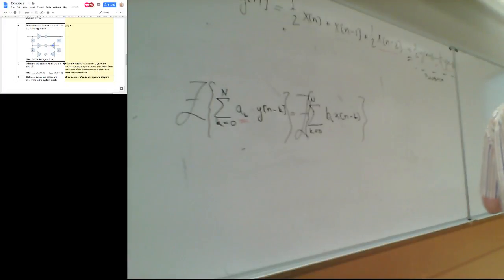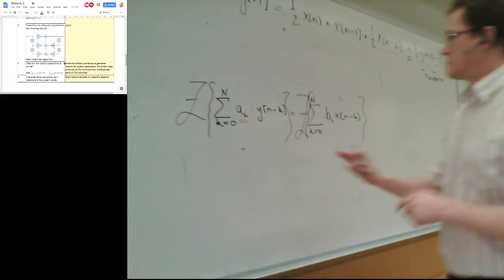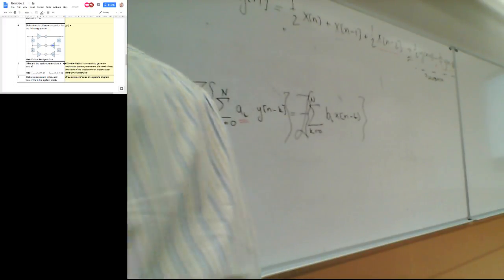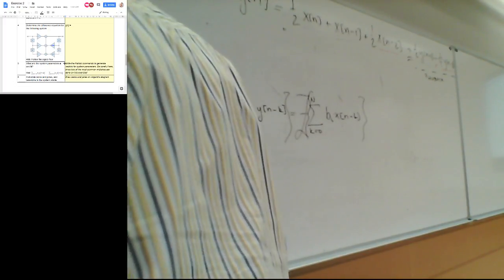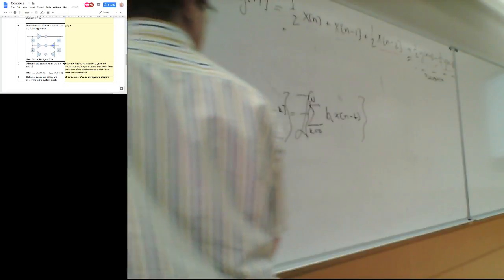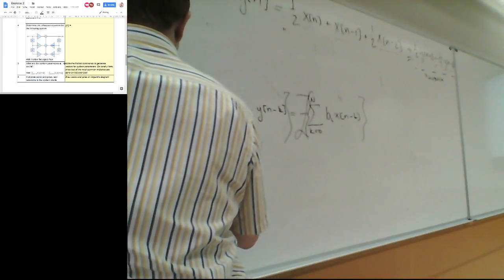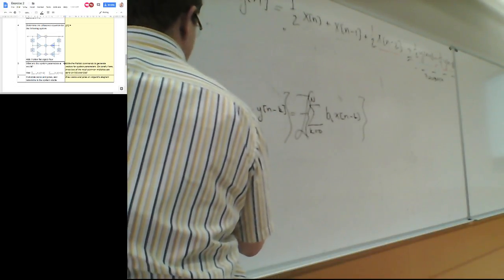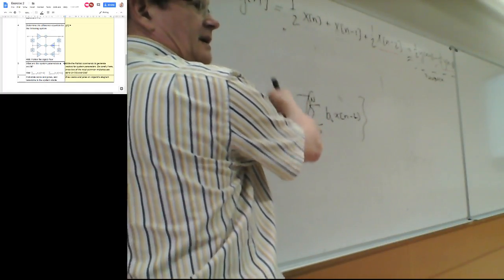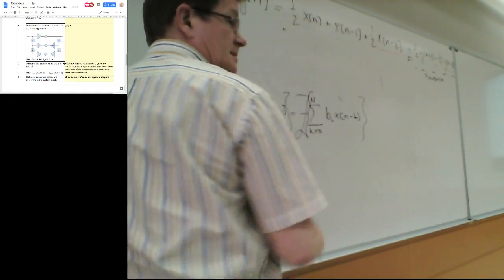It's uniform and linear, which means that the transformation can be done that way. Linearity of this operation actually means that we can break up the sum and take the coefficients outside.